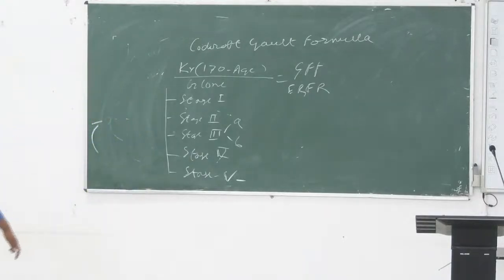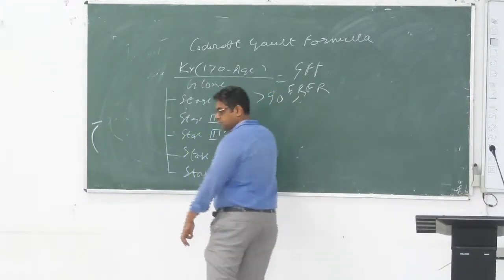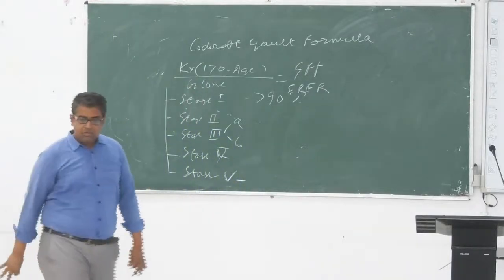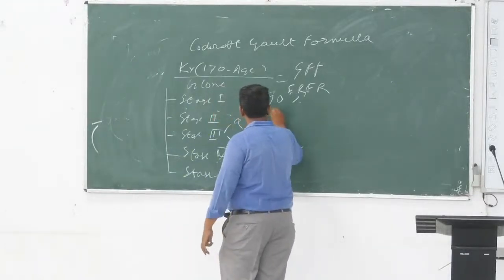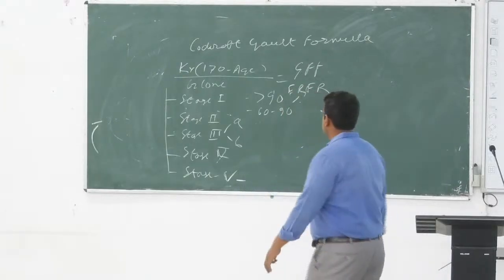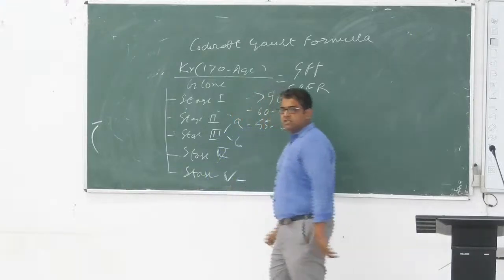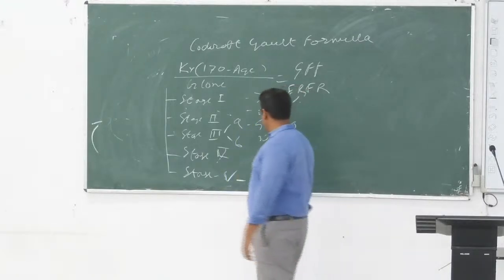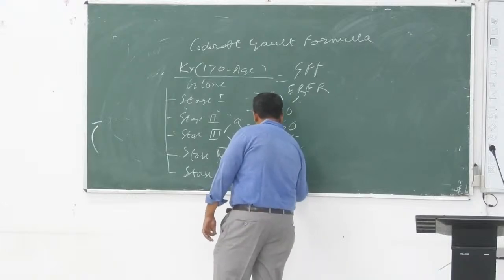Stage 1 is greater than 90% of the normal function. Stage 2 is 60 to 90%. Stage 3A is 45 to 60. Stage 3B is 30 to 45. Stage 4 is 15 to 30. And finally, Stage 5 is less than 15.